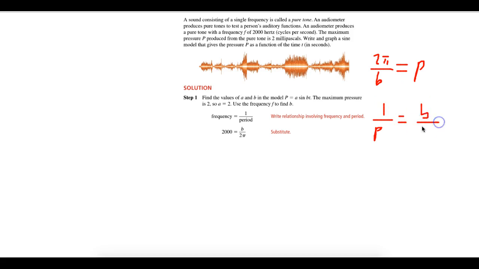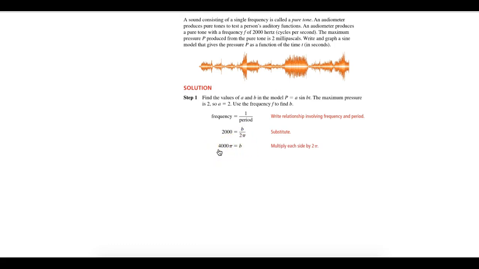That's how we get that equation right there. So here we've got 2000 equals B over 2 pi. Now it's simply solving for B. So we multiply both sides by 2 pi, and we get our B value is equal to 4000 pi.